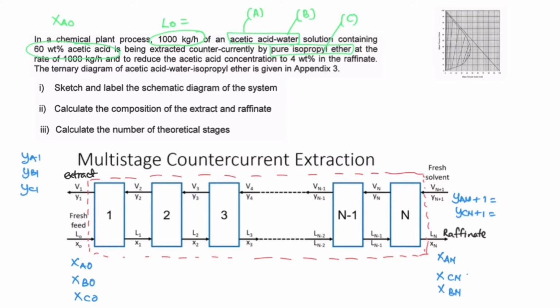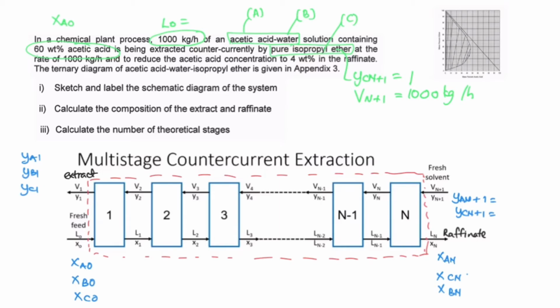Since this isopropyl ether is pure, you can say that for your solvent, Ycn plus 1 is equal to 1 and Vn plus 1 is equal to 1000 kg per hour. The last information is that the concentration of acetic acid should be reduced to 4 weight % in the raffinate.